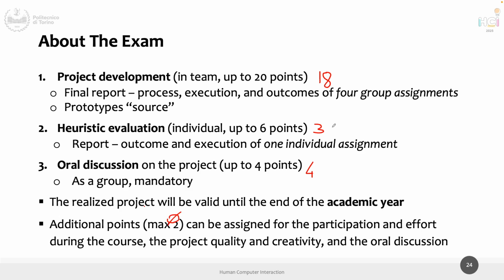So these cannot be changed. You have 3 points, and 3 points are forever, unless you redo the course next year, and then it could be more or less than 3 points, but this cannot be changed.